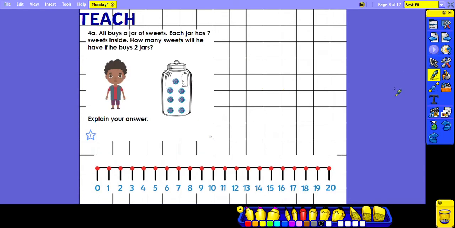So this time the question says, Ali buys a jar of sweets. Each jar has 7 sweets inside. How many sweets will he have if he buys 2 jars? Explain your answer. So the important information is that each jar has got 7 sweets inside, and Ali is going to buy 2 jars.